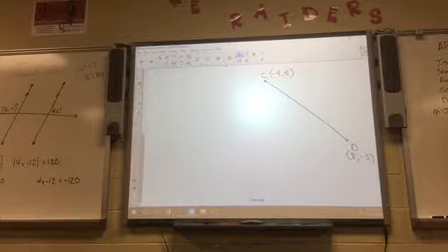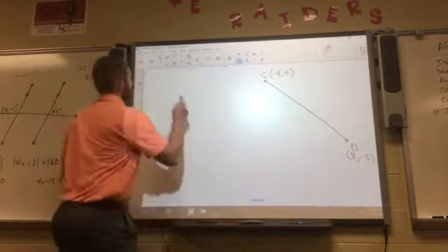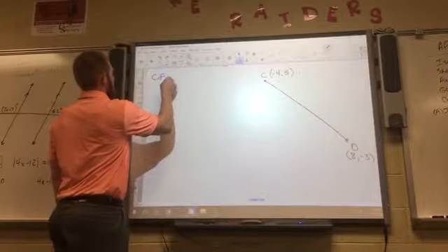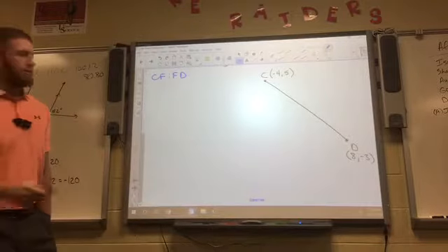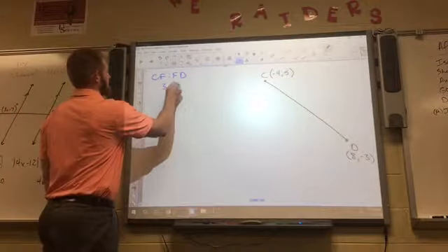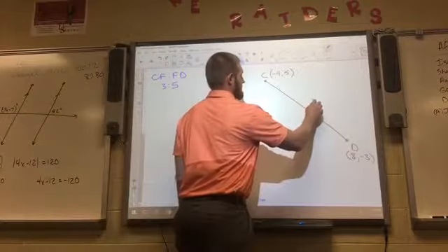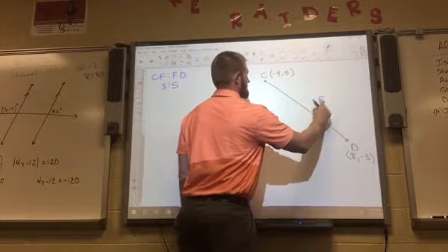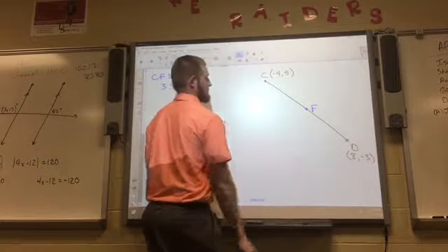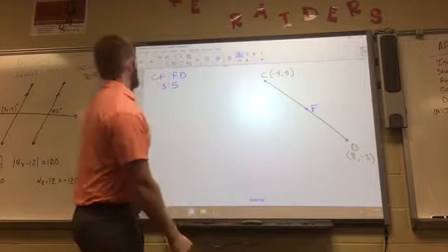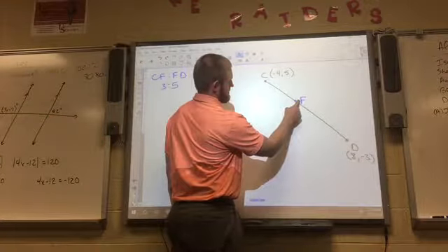And we are trying to put point F on here so that CF to FD is in the ratio of 3 to 5. So I guess 3 to 5 would probably be somewhere closer to here.